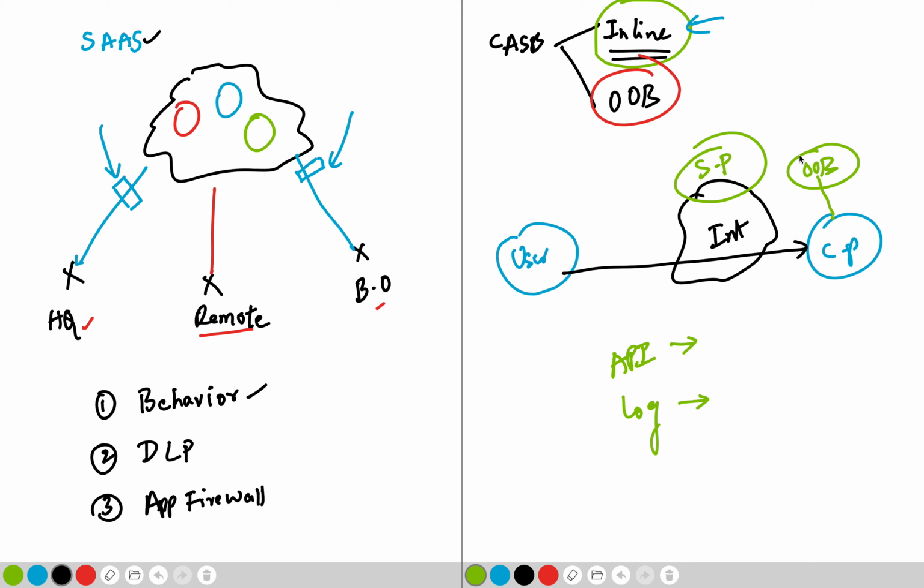This out of band CASB will then quickly check with its engine, which is like a centralized engine, and check, okay, is this user allowed to access? And if the engine says yes, then that information is relayed back, and the CASB will then reply saying, look, yeah, you can allow that user to connect. That is with the API. All of that communication happens using APIs.